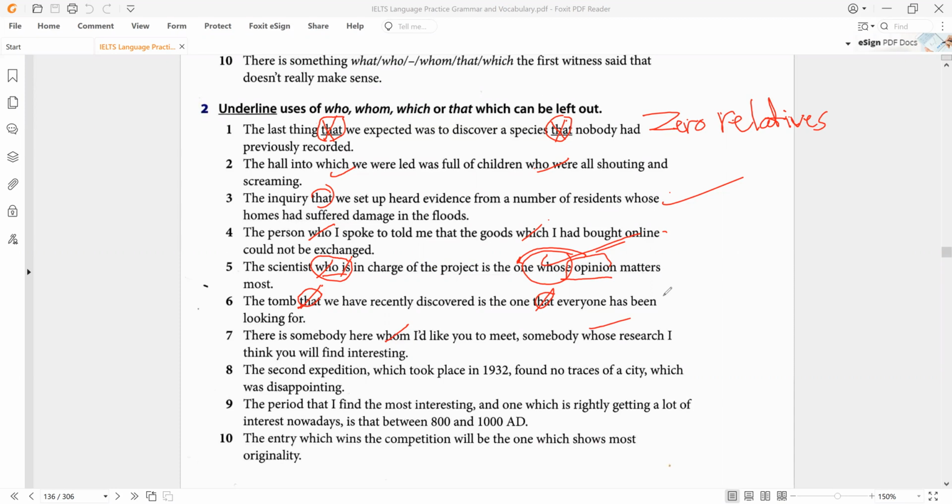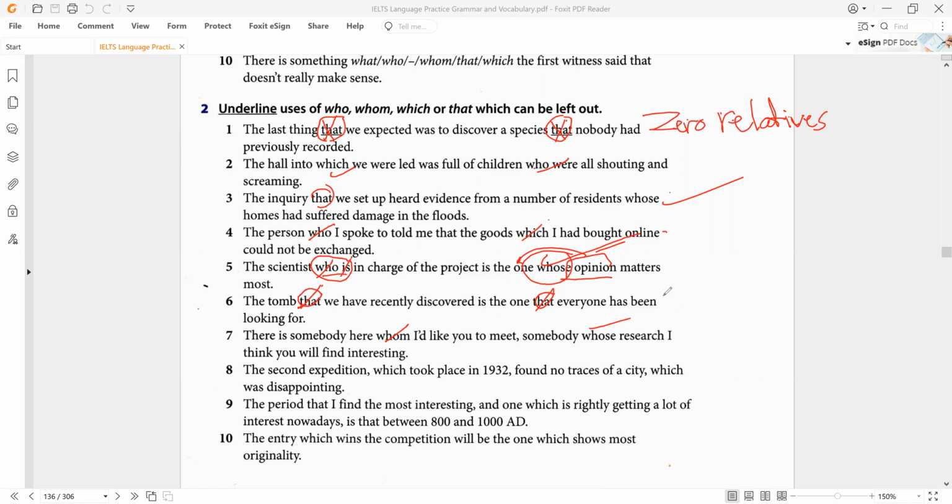Number 8. The second expedition, which took place in 1932, found no traces of a city, which was disappointing. The second expedition, which took place. So can we delete which here? Both of them we can't delete.